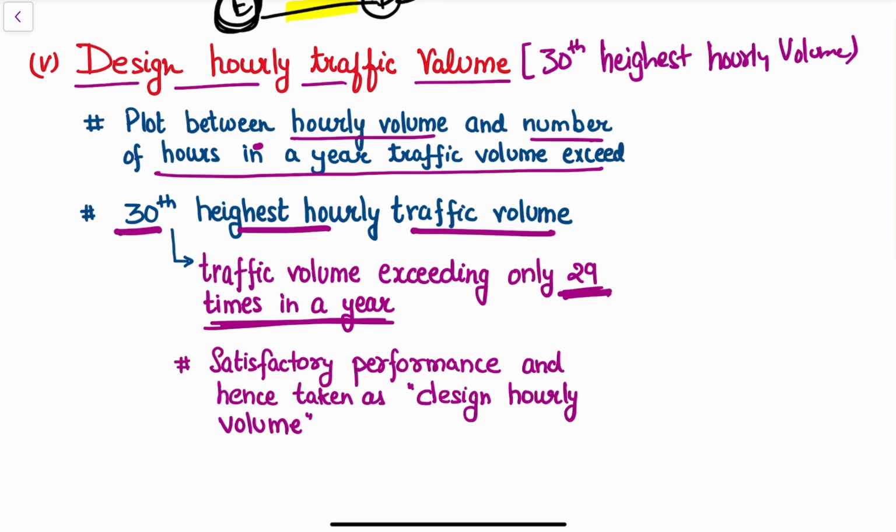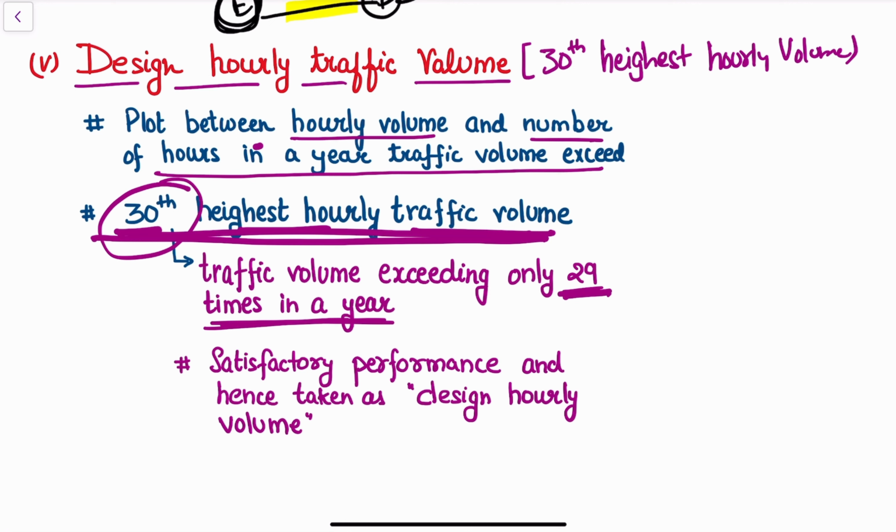This traffic volume is taken for designing the width of the road to accommodate a certain amount of volume. I have already prepared a video lecture on this 30th highest hourly volume. It's a very short and elaborate video lecture that explains it in a very simplified and easy way.